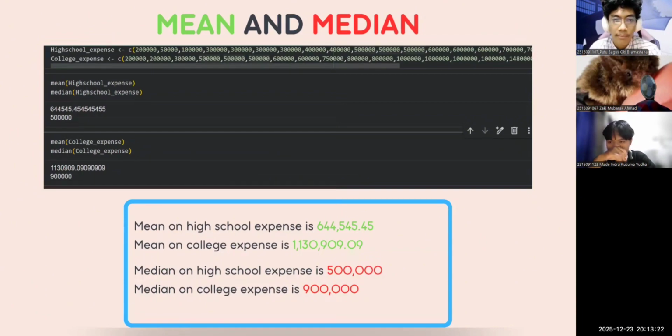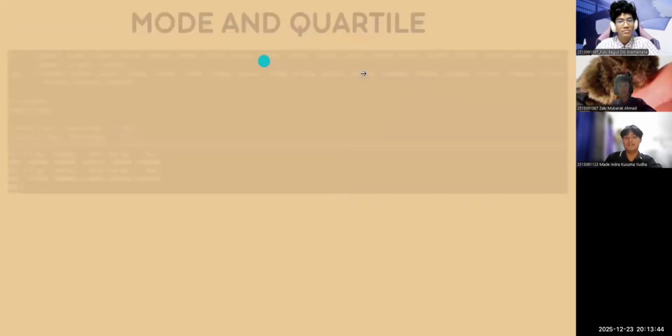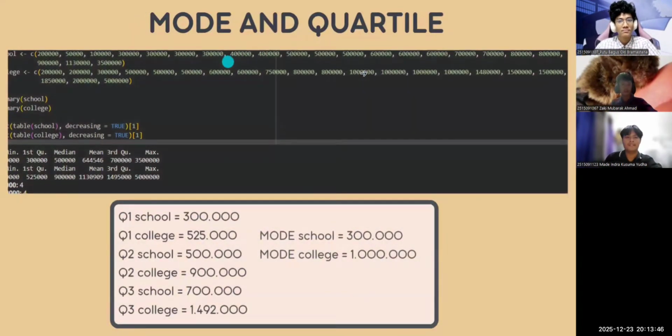The median on high school expenses is 500,000, while the median on college expenses is 900,000. So for Mr. Moderator, to the next material. Okay, for the next, it's the same data.